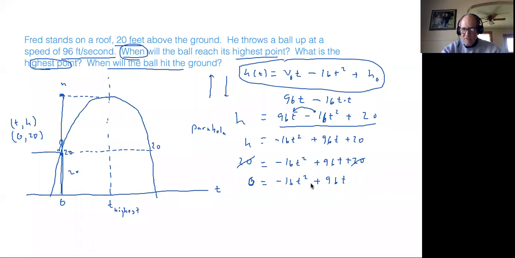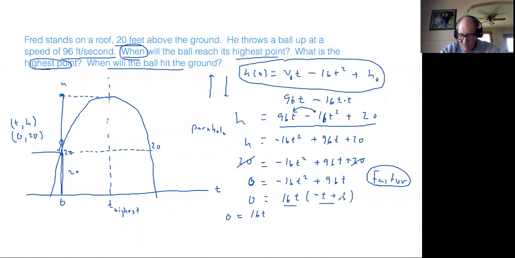So then I'm going to solve this, and notice you could do some factoring right here. What could we factor? We could factor out 16 and a common t, and that gives us negative 16t times (t minus 6). Now remember, the reason you factor is to get easier equations to work. If something times something equals 0, one of them or both of them have to be 0.